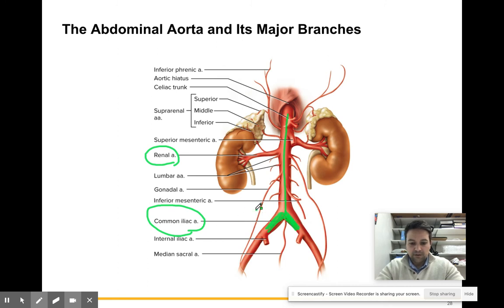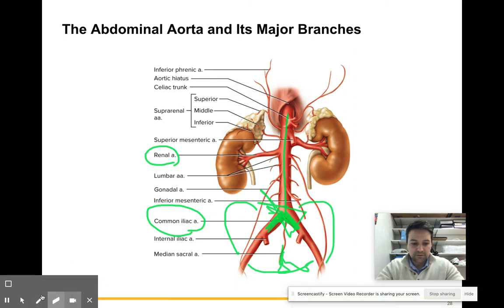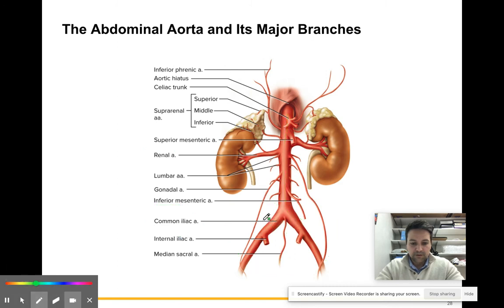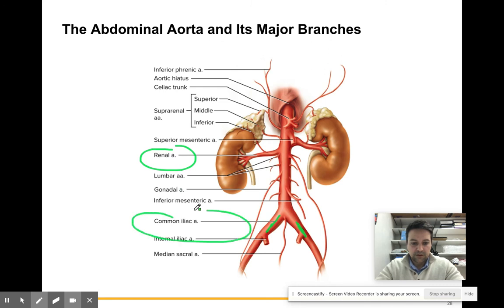They're called iliac arteries because you have the iliac bone, or the ilium, over here of the pelvis. You'd have your sacrum in the back and your pubic bone in the front. Your iliac arteries are right here and again on this side. So you need to know renal and you need to know iliac on this page.